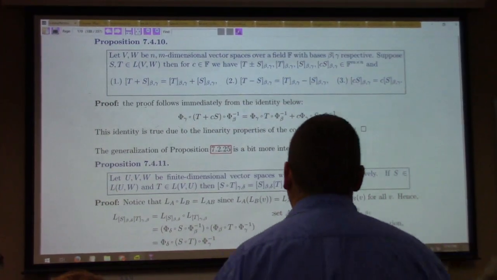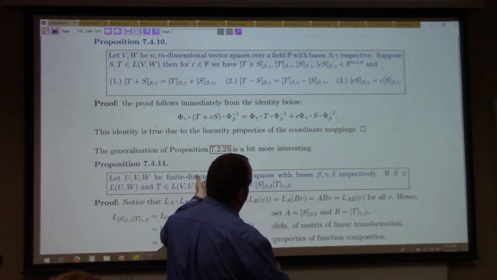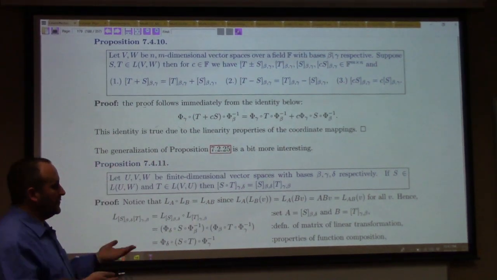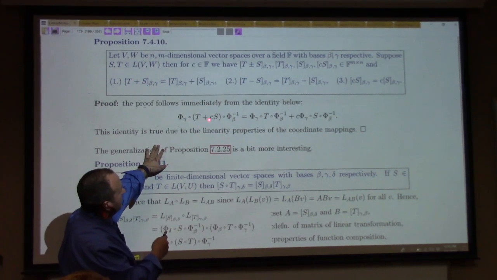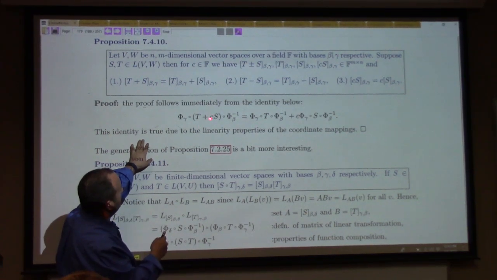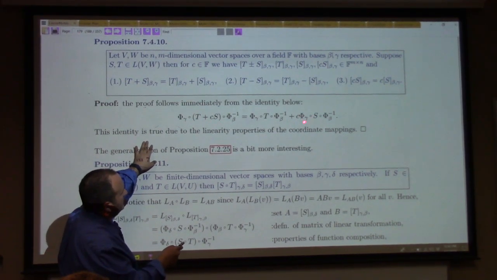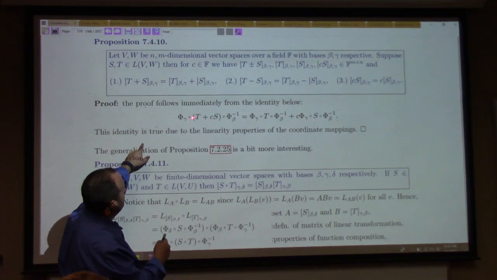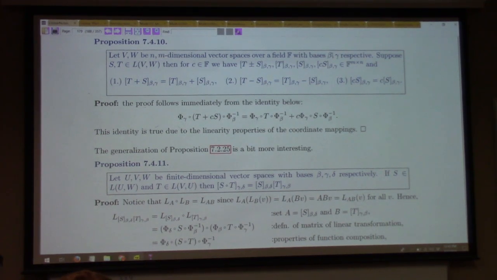If you look at the matrix of a sum or a difference or a scalar multiple, guess what? It's the sum, difference, or scalar multiple of the matrix. The proof follows immediately from the formula I have for this identity, which is that if we compose the coordinate maps with T plus cS, we have that. But then, what is the matrix of T plus cS? Remember, it's the standard matrix over here.